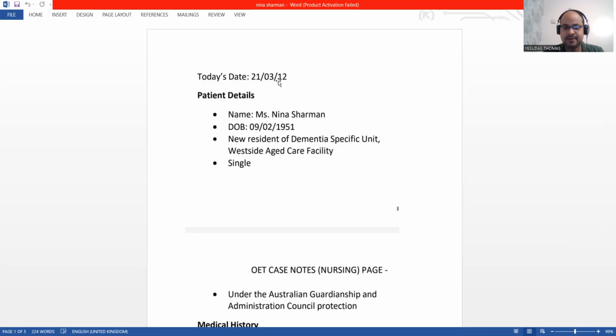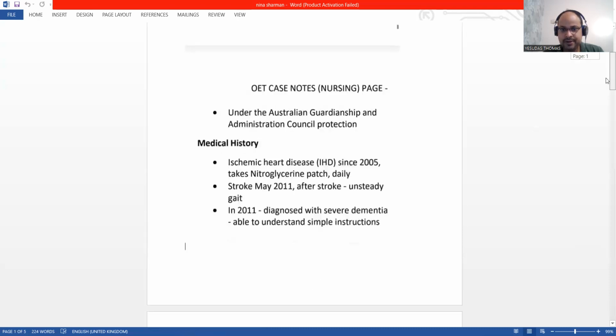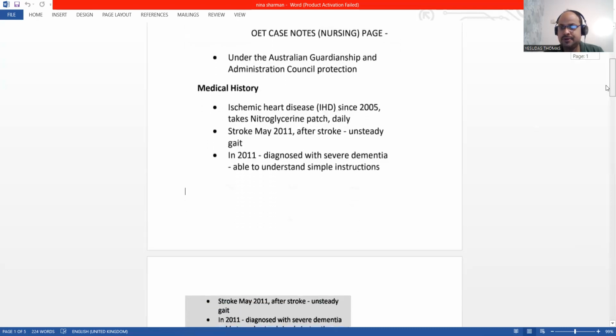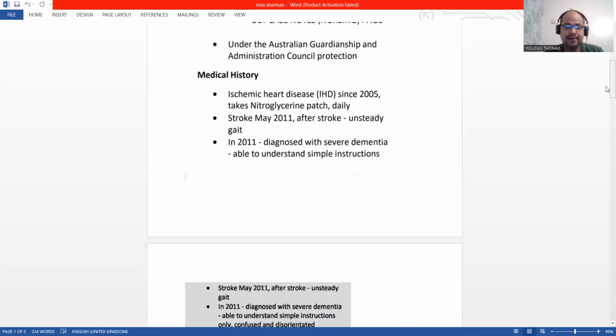That's something important because she has not adjusted yet. So she's a new resident and she's single. Now, under the Australian Guardianship and Administration Council protection, it's optional data whether you include it or not.